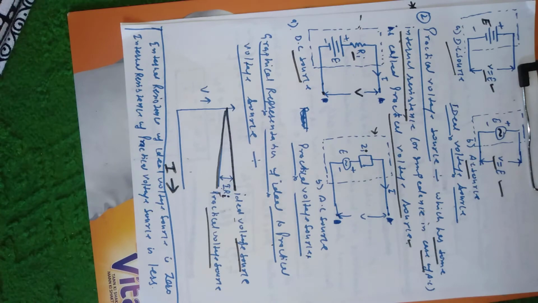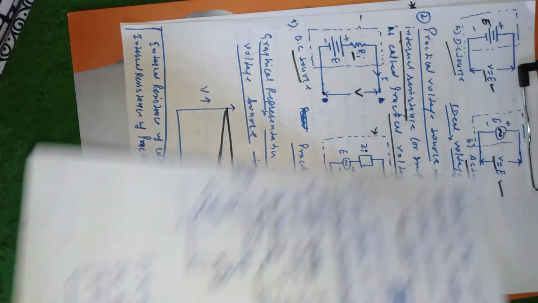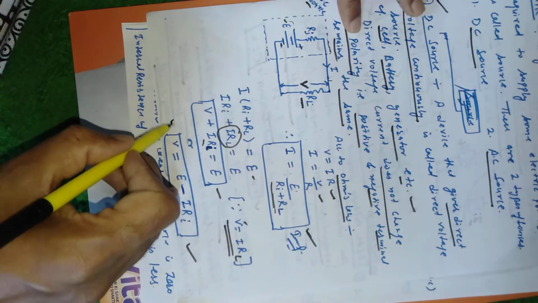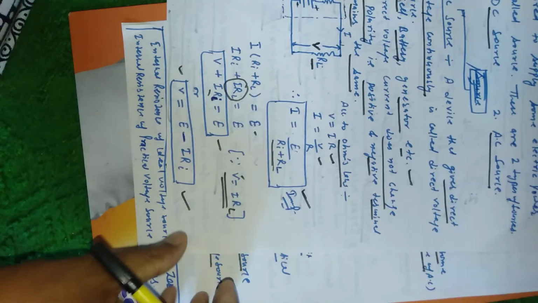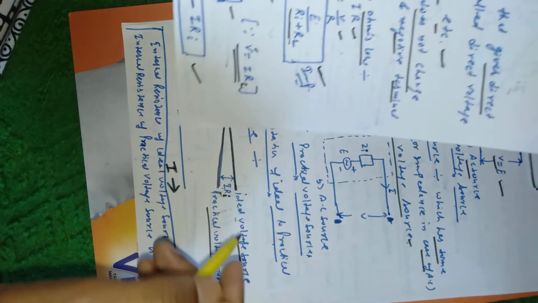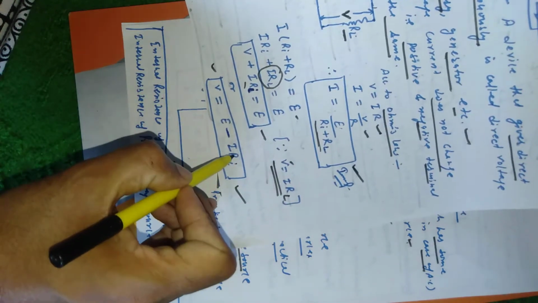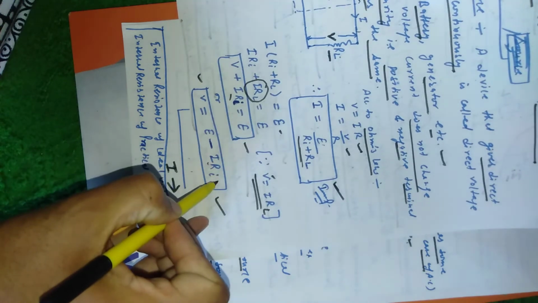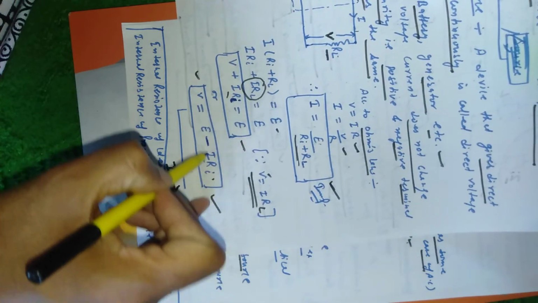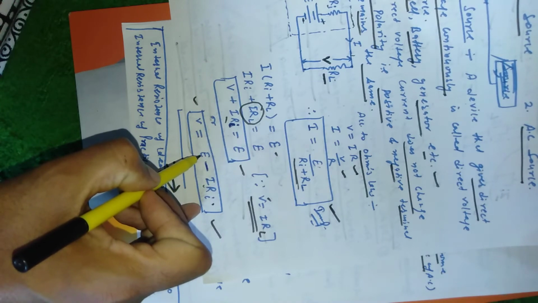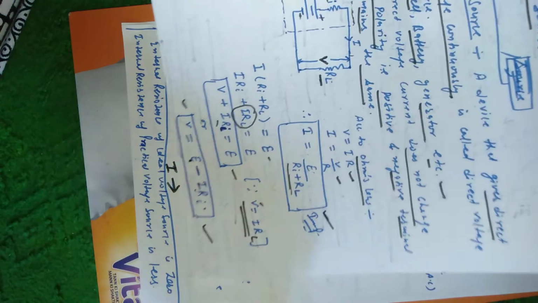That is what you can see here, as we discussed just now, V is equal to E minus IRi. So what is the difference between the ideal and practical voltage source? It is the difference of this IRi. If it is 0, then output voltage is the input voltage, which is the condition of the ideal voltage source.